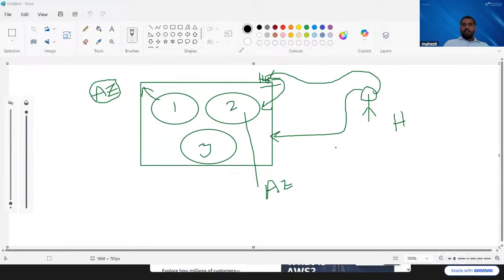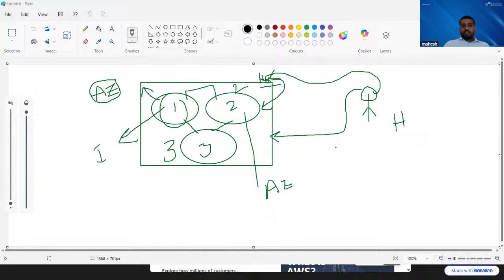By the way, what is an availability zone? An availability zone is nothing but an independent copy of the data center. So this is data center copy 1, data center copy 2, data center copy 3. All these three data centers are connected with each other, but they never share their infrastructure.